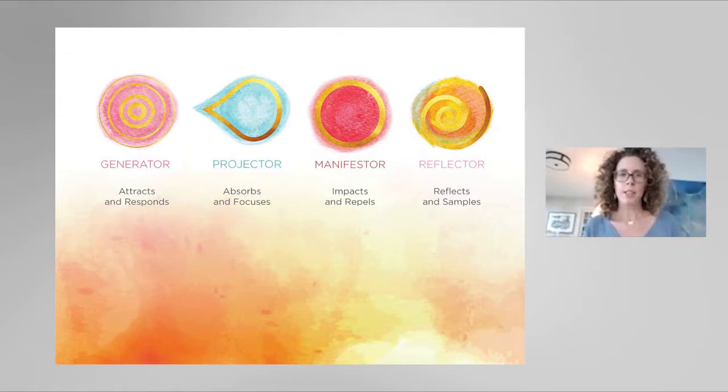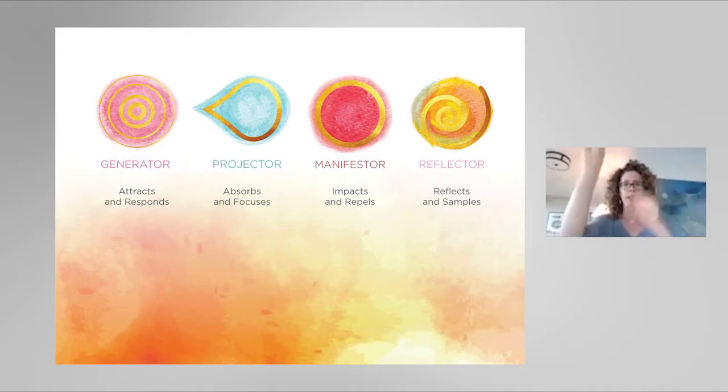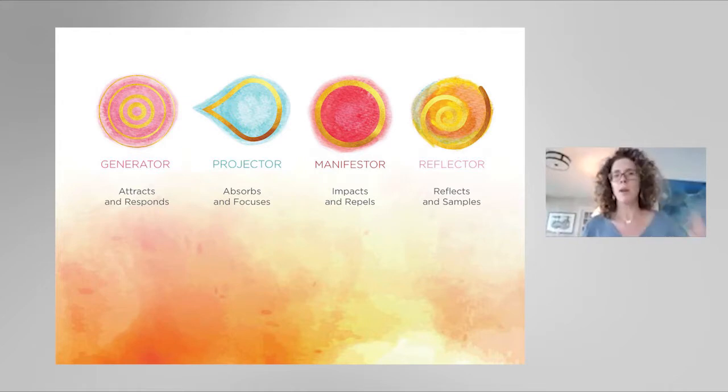The manifestor makes up 9% of the planet. And then we have the reflector, who are only 1% of the planet, so they're very rare. And they have an aura that is kind of sampling their environment and also reflecting their environment back to itself. So they're here to be a barometer of the health of their environment.